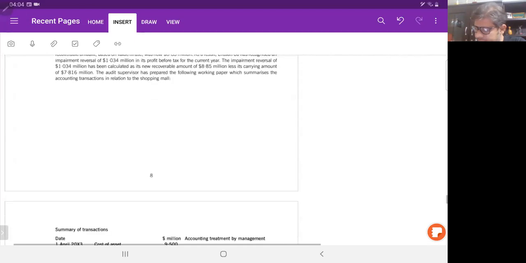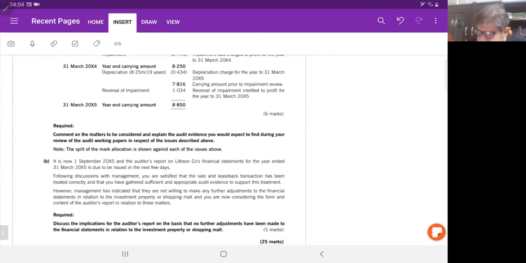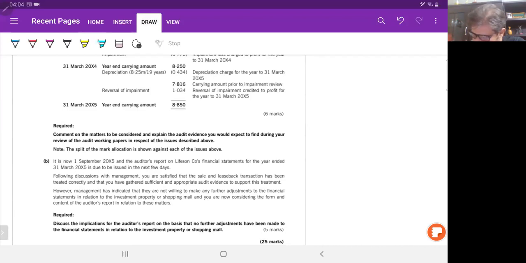Here, let's look at the requirement first. The question says: comment on the matters to be considered and explain the audit evidence you would expect to find during your review of the audit working papers in respect of the issues described above.